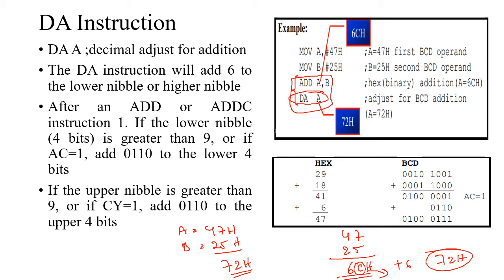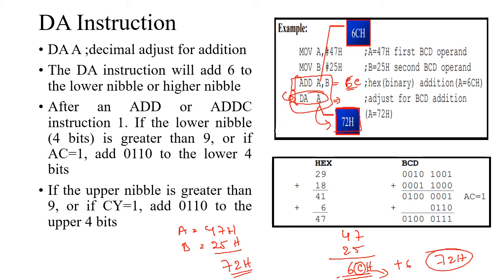But since the ADD instruction is associated with the decimal adjust after addition, it automatically converts the result. After ADD A, B, your result will be 6C, which is a non-BCD number. So after the DA instruction is executed, the result will automatically be 72H, which is a BCD number.